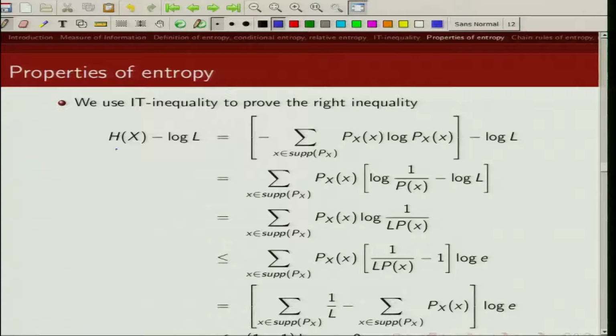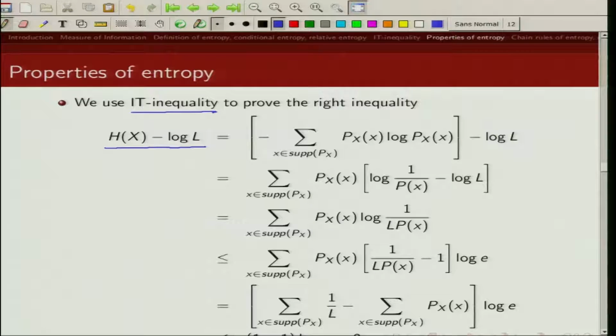We have to show that H(X) is less than or equal to log of L. In other words, if we can show that this quantity H(X) minus log of L is less than or equal to 0, then we would have shown that H(X) is less than or equal to log of L. And to prove this result, we are going to make use of the IT inequality, which we just proved, that log of r is less than or equal to r minus 1 whole multiplied by log of e.